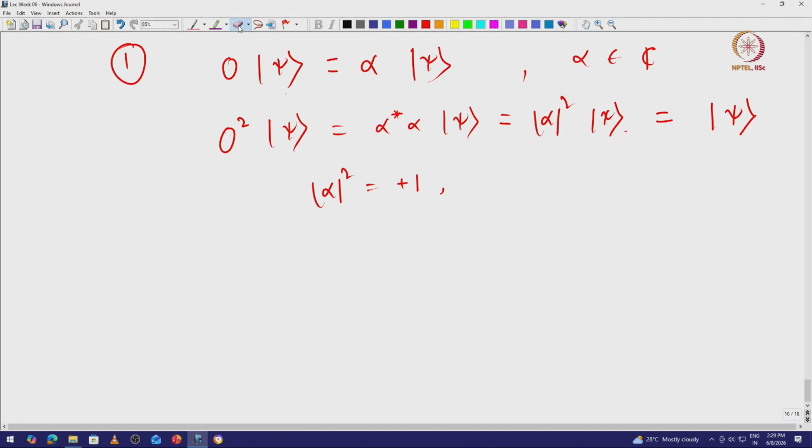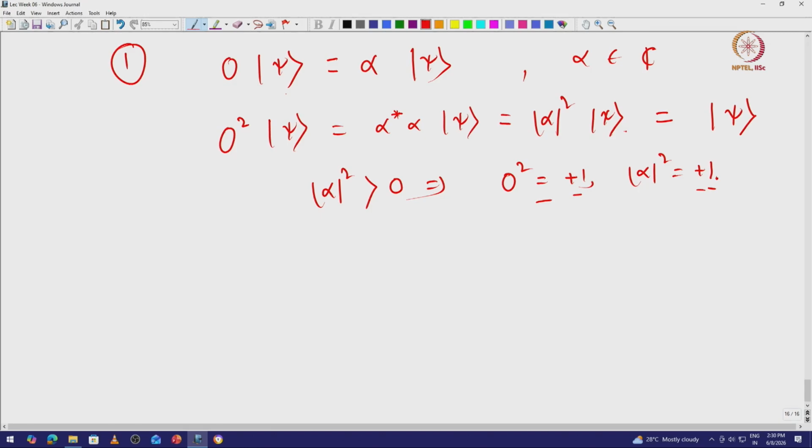By definition this has to be greater than 0, and because O square equal to plus 1, this gives us the only choice: either you start with this, you will get this, or you start with this, you will get this.